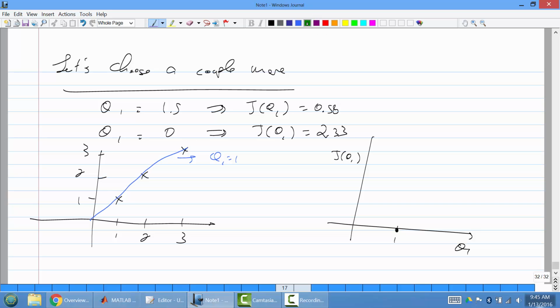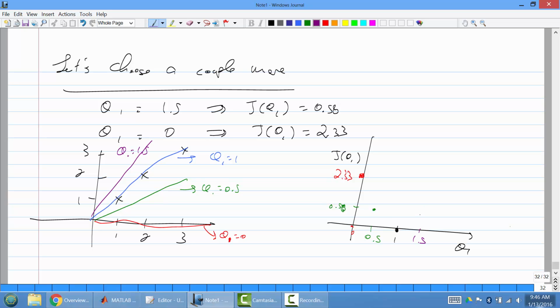For example, this is 0.5, it mapped to 0.58, which is here. If I had just 0 like this, it's going to map to 2.33, which is right up here. Then finally 1.5 is going to look something like this. It's going to map somewhere over here.